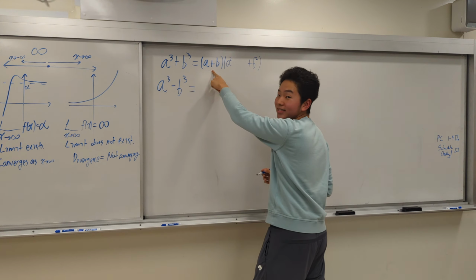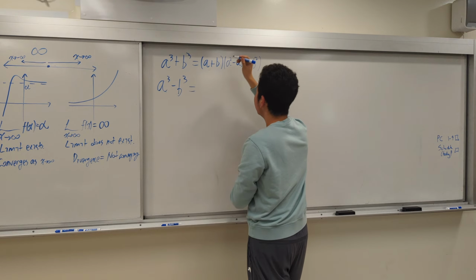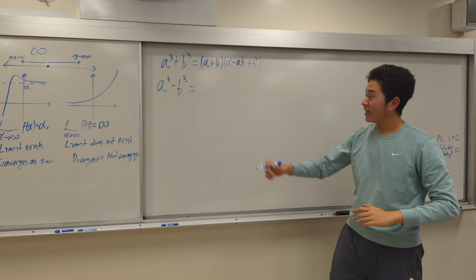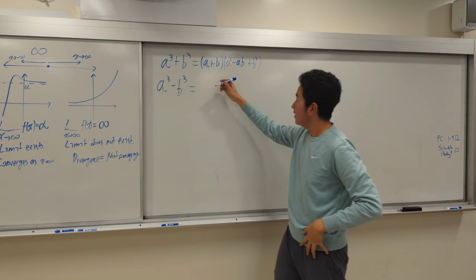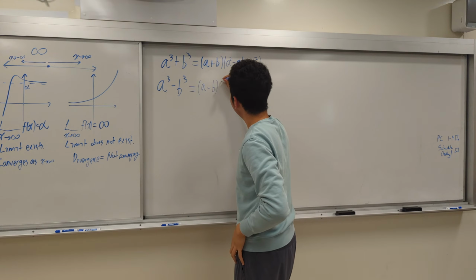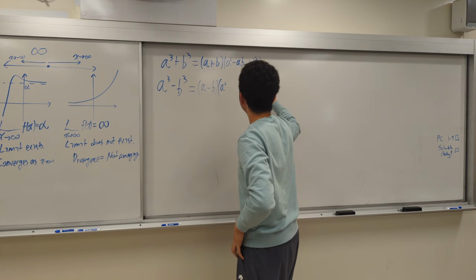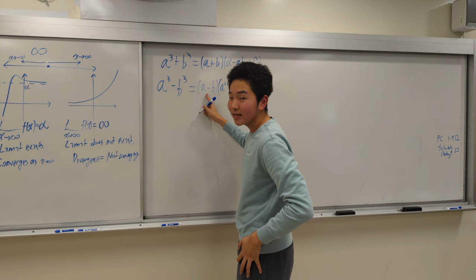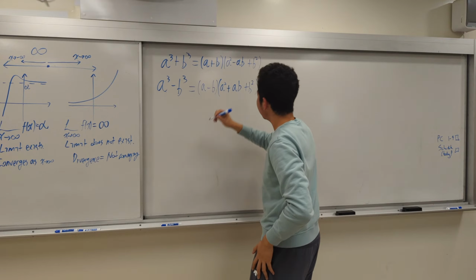So if this is plus, right? There's a plus here. We want to do a minus here. A, b. Okay? And that's how you factor cubes, right? It's very easy to memorize, right? So this one, we go what? A minus b. And then we do the same thing. We add a squared and b squared, sorry. And then it's a minus sign, right? So we put a plus sign and then do a, b.